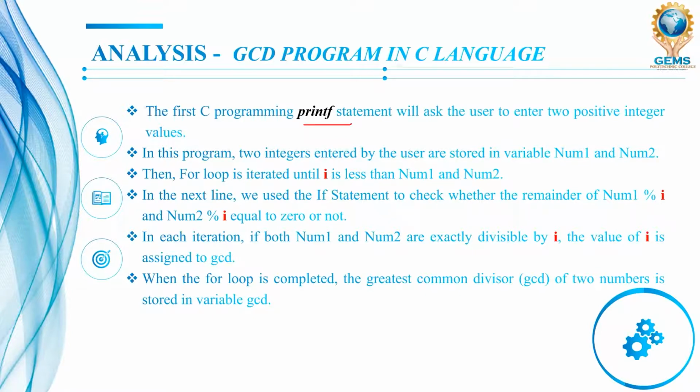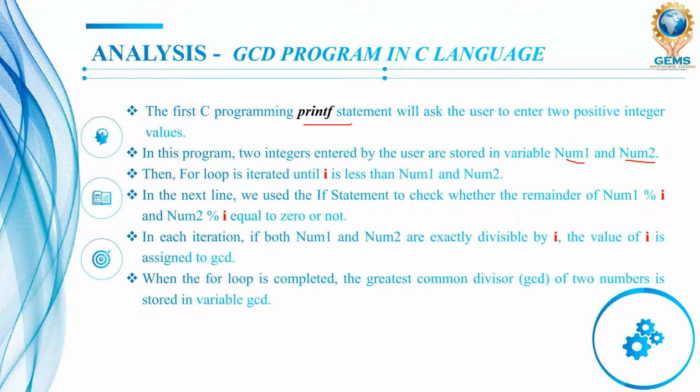That means by this statement we are taking the two integer values from the user through the input device. Second point, the two integers entered by the user are stored in num1 and num2, because these two I consider as variables, num1 and num2. So these two integer values are going to be stored in num1 and num2.